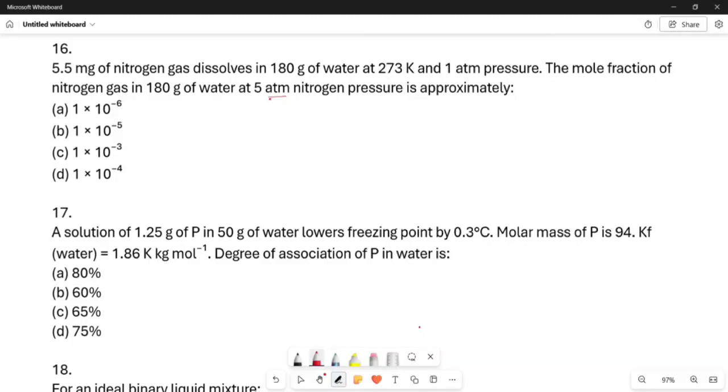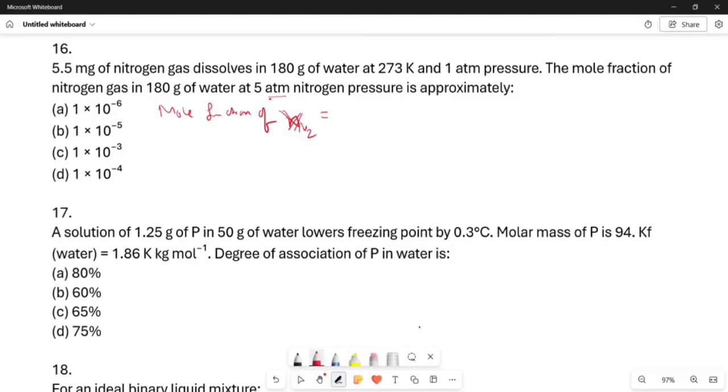Mole fraction is directly proportional to the pressure exerted by the gas according to Henry's law.